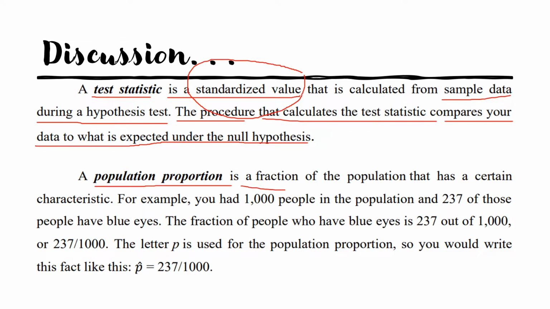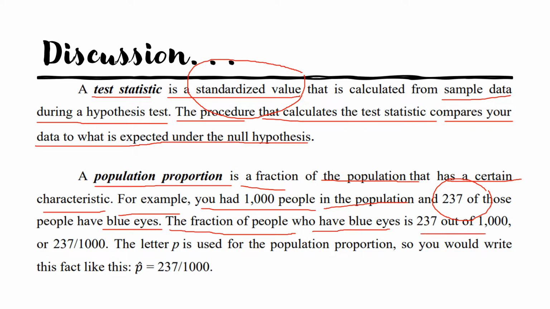It's a fraction of the population that has a certain characteristic. For example, you have 1,000 people in the population and 237 of these 1,000 have blue eyes. So the fraction of people who have blue eyes is 237 out of 1,000.